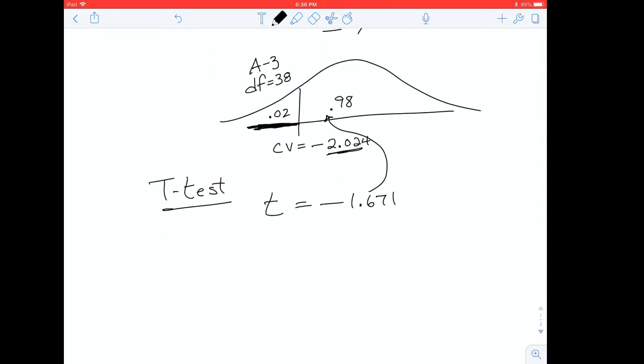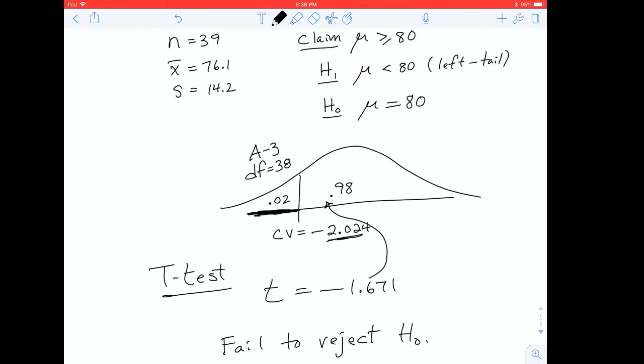So then, officially what you say is, fail to reject H sub O. In other words, if you look back here at H sub O, it said it's equal to 80. And by saying fail to reject, that means we do not know one way or the other. We cannot tell.